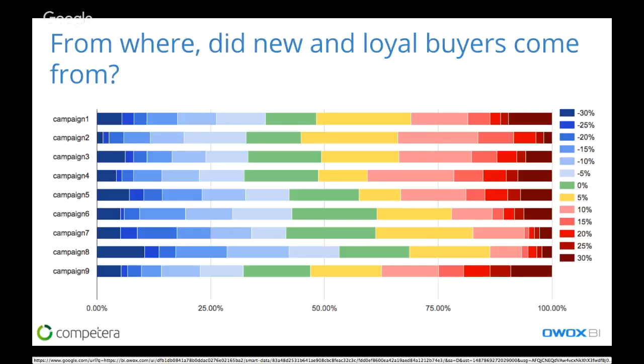So in this way, you know which campaigns and which traffic sources are better to attract customers that could be more loyal, and which campaigns generate sales with low margin for a business.